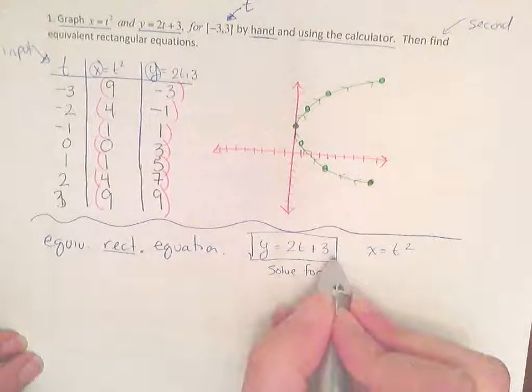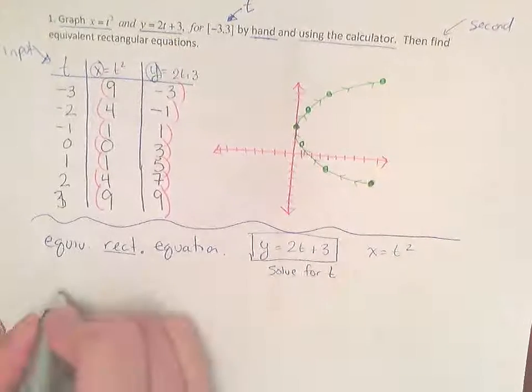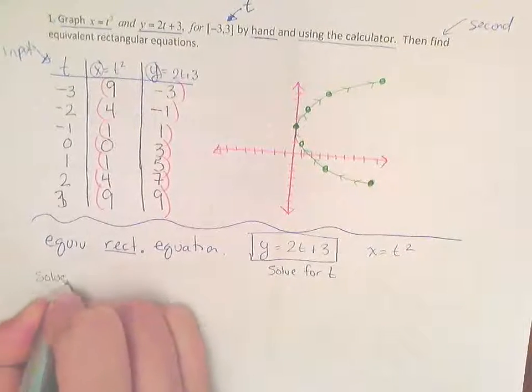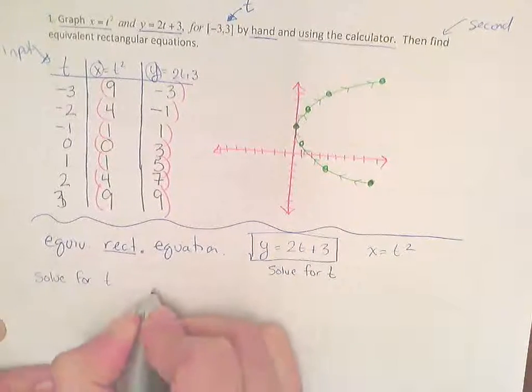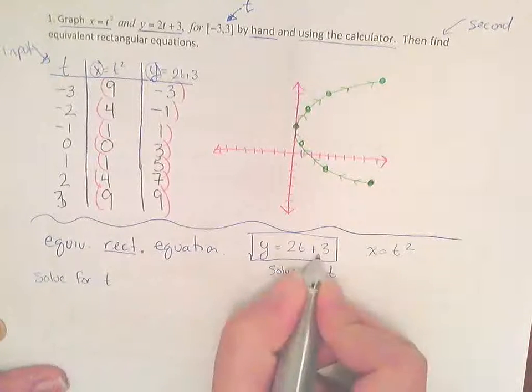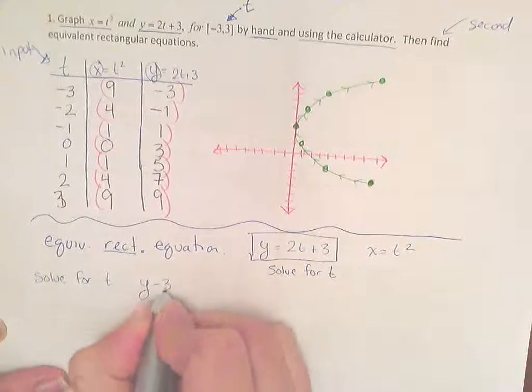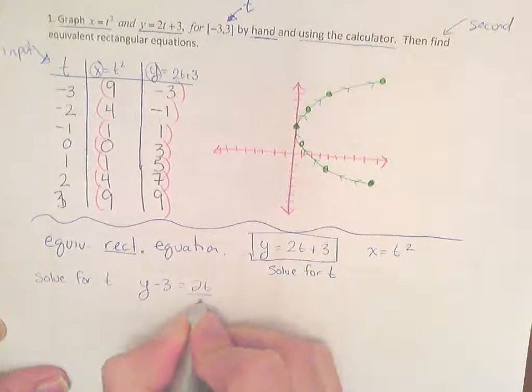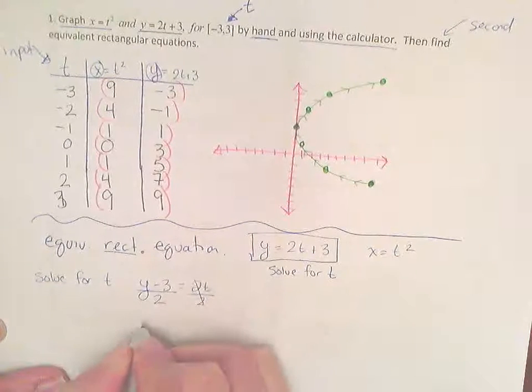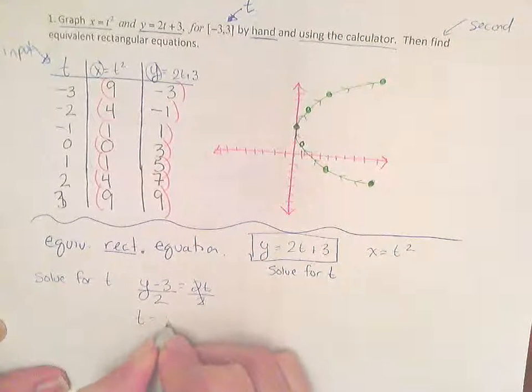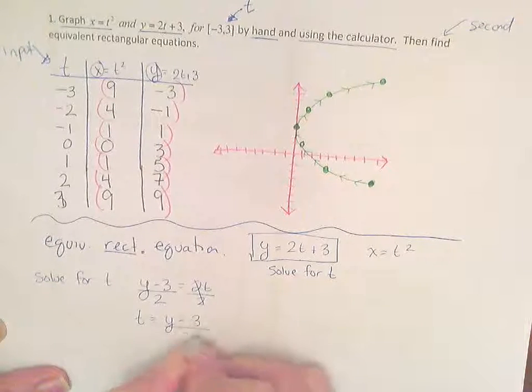So using this one to begin with, I'm going to solve for t. First thing we do, we subtract 3, and then divide by 2. So t is equal to y minus 3 over 2.